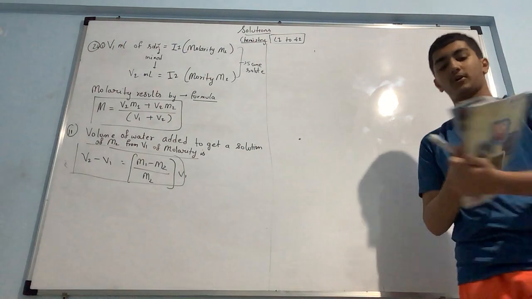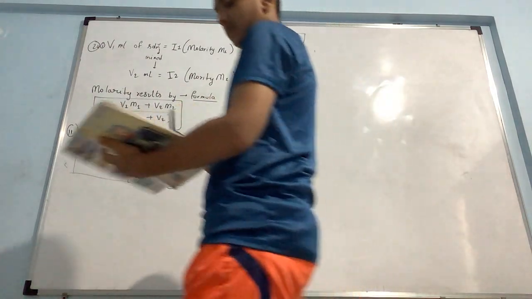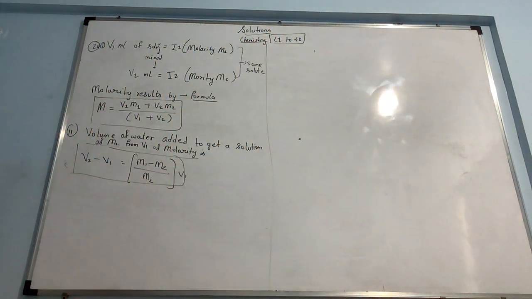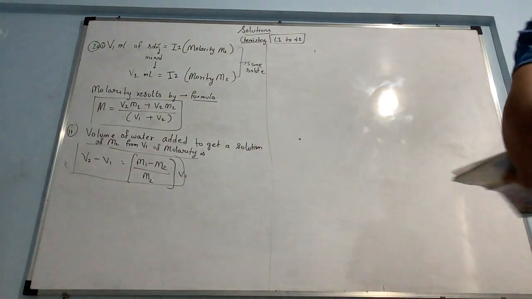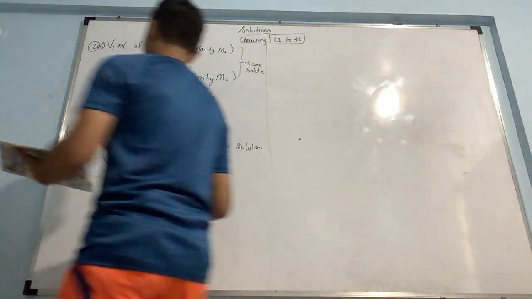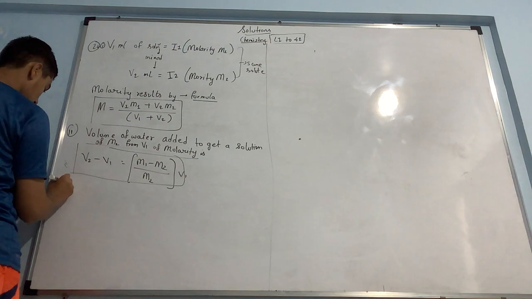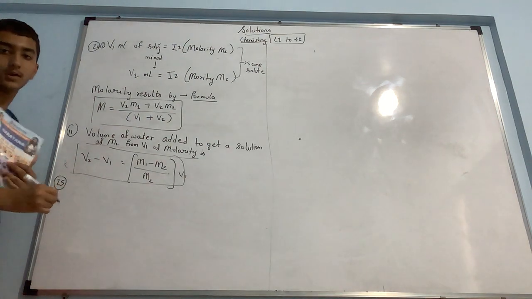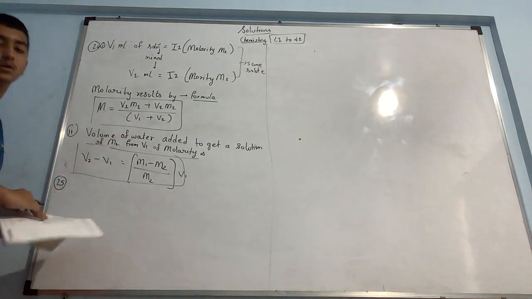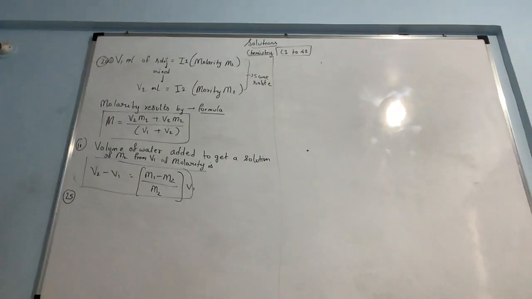The 25th point is that the molarity of a given solution, M, is defined as the number of moles.